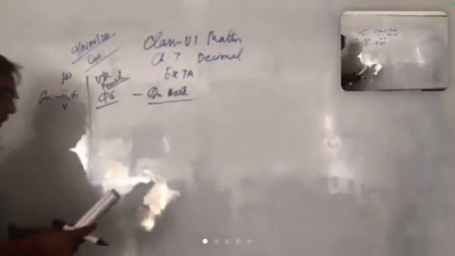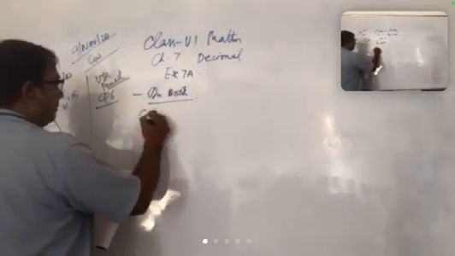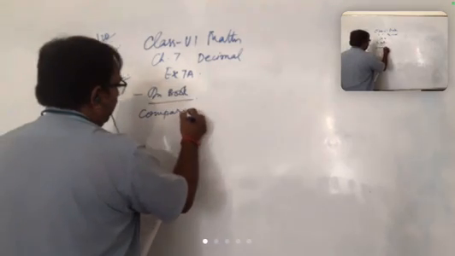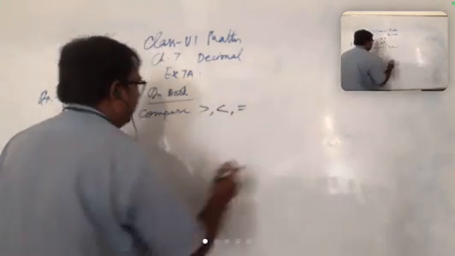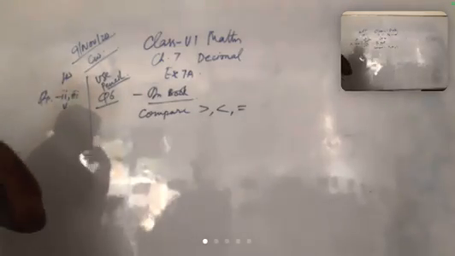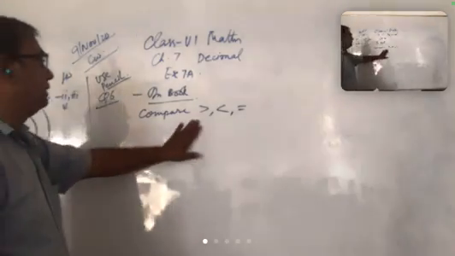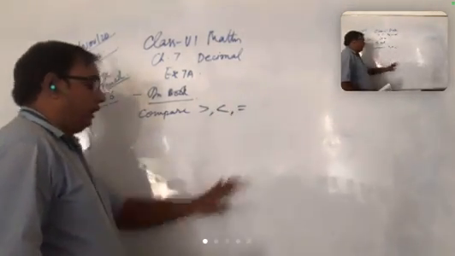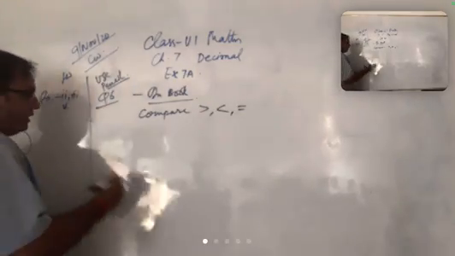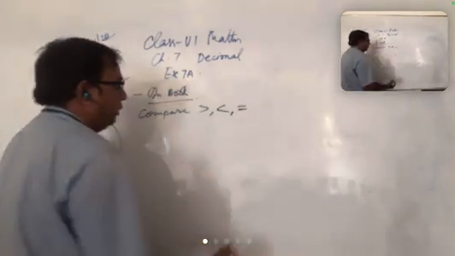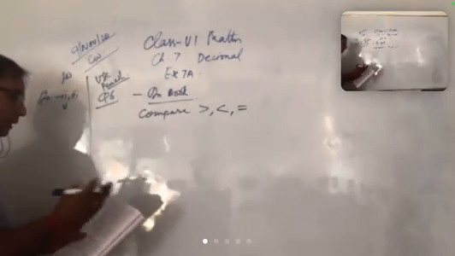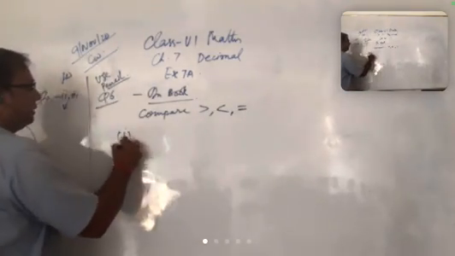Question number 6 is a comparison. Comparison basically means less than, greater than, or equal to. By making the decimals like, we are able to know which decimal number is greater.